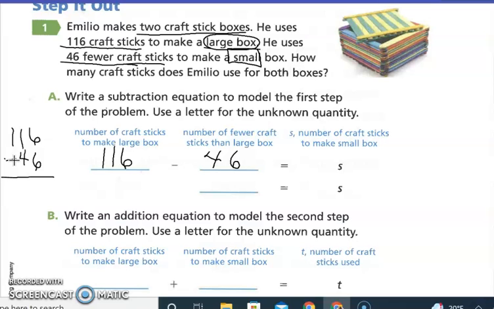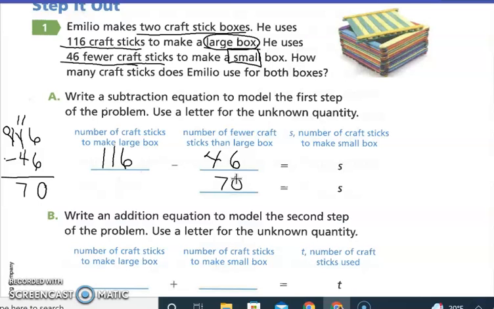Okay? 6 minus 6 is 0. We can regroup here, but we're going to end up with the same thing. We're going to end up with 11 minus 4. What is 11 minus 4? 7. So the small box, S, is 70 craft sticks.